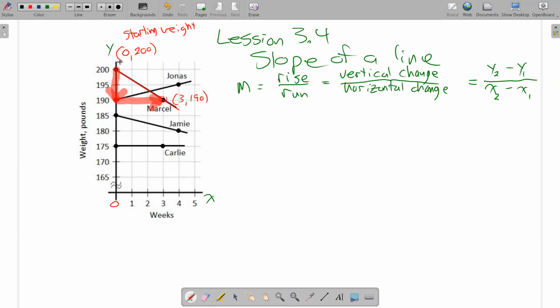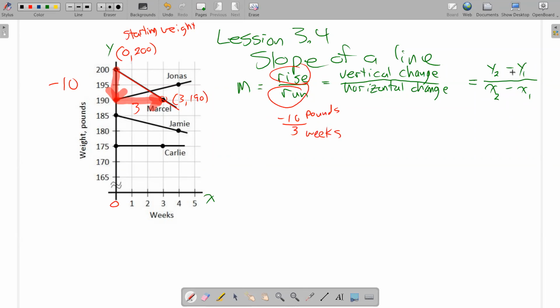So just looking at that, I can imagine the rise, which would be a -10 for the rise. And for the run, I can see a 3 there. So just looking at the graph, I can say, well, it looks like he lost 10 pounds over 3 weeks. All right, my vertical value is pounds, and my horizontal value is measured in weeks.